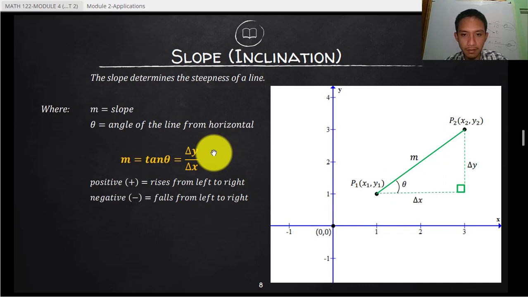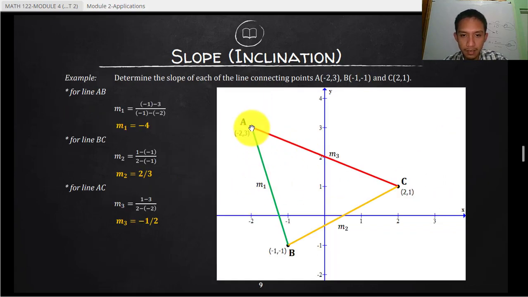So if you look here, AB is steeper than BC, but of course they have different signs, because one is going down and the other going up. But if you look at the values, AB is steeper than BC, so you expect the slope of BC to be smaller than AB.